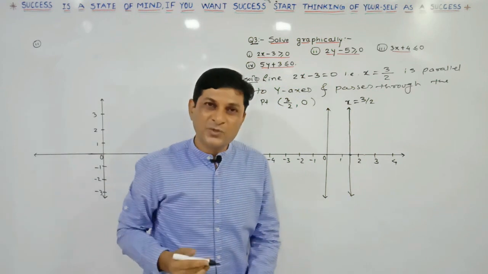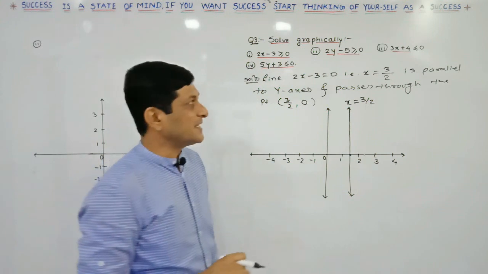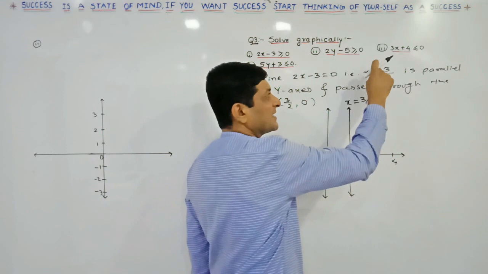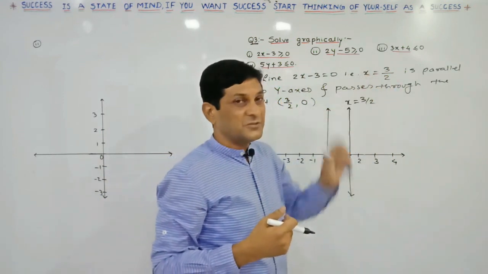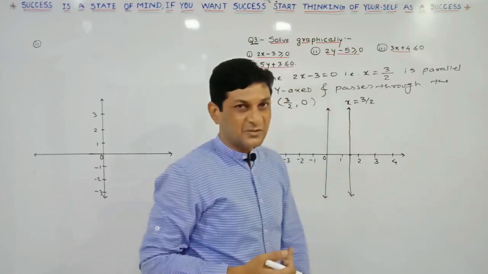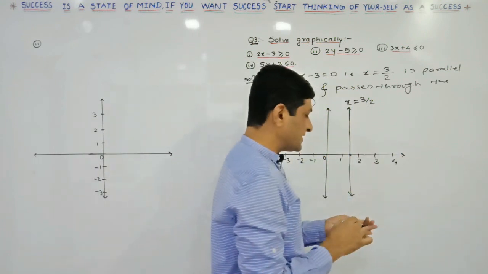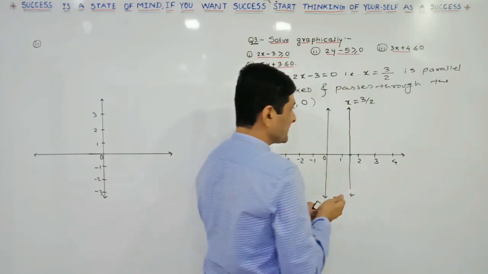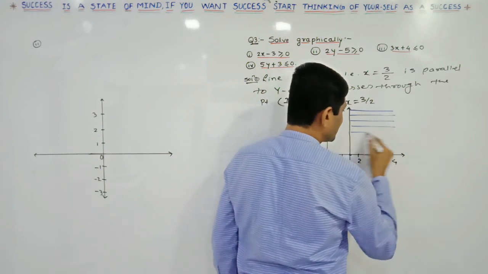Once the line is known to us, then using the inequality we have to check which part is the solution set. Here we can observe that greater than is there, means here also we will get greater than, meaning the value of x is greater than 3 by 2. Easily we can observe that on this side the values of x are greater than 3 by 2, because values are greater on the right hand side only. So this right hand side part will be our required solution set.